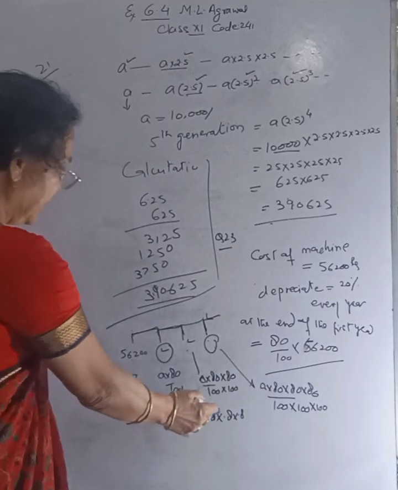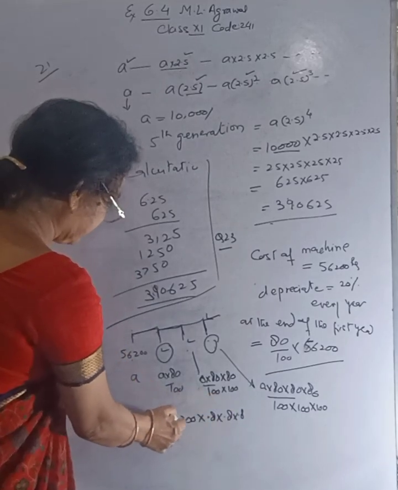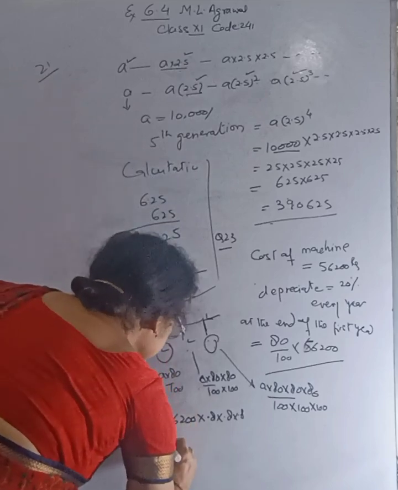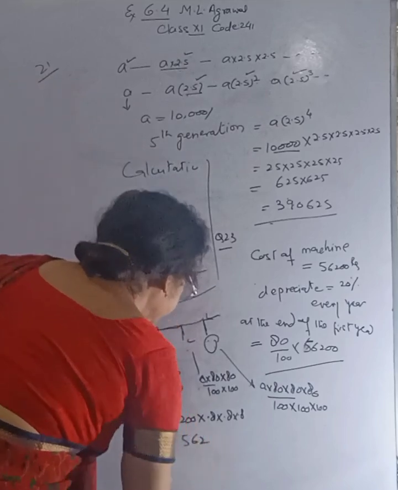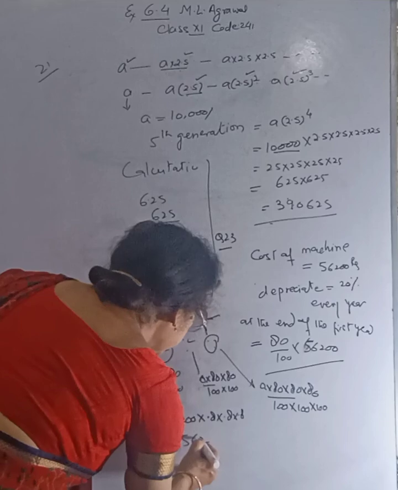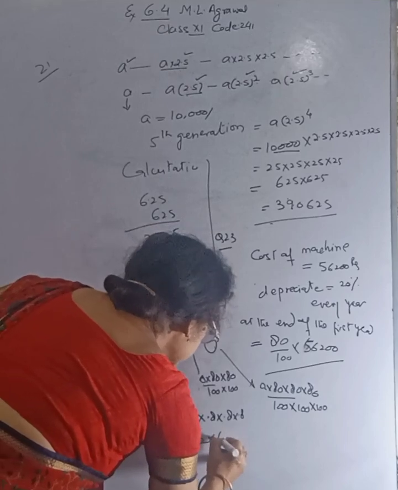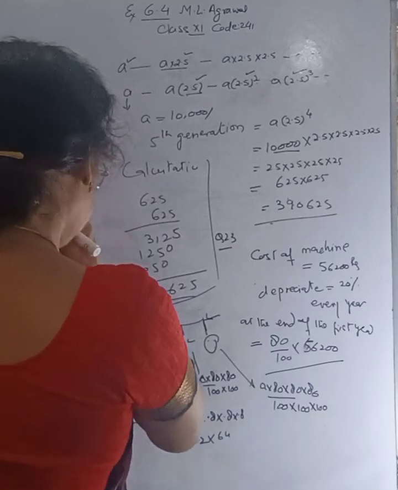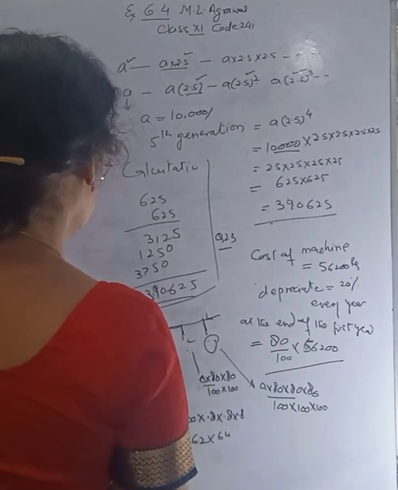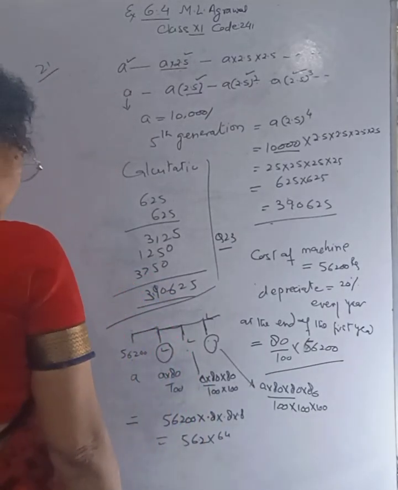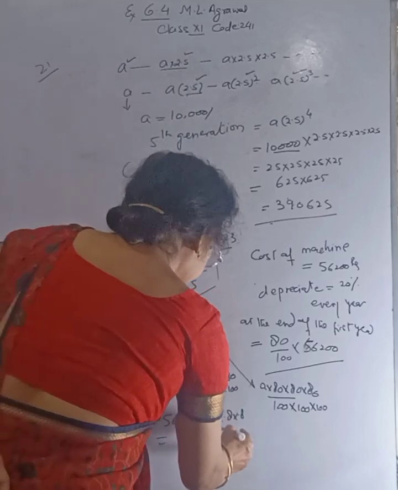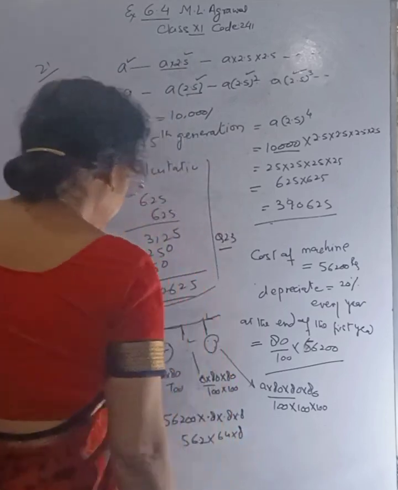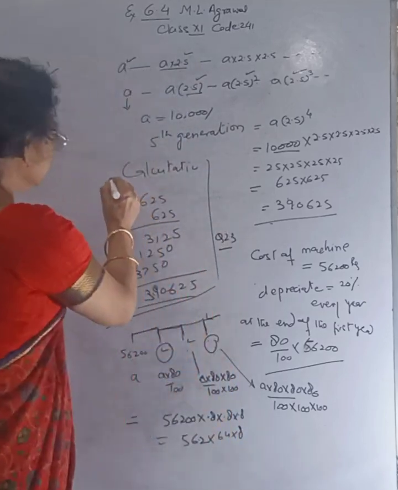Okay, these 3 points get cancelled and we have to simply multiply 562 into 64 into 8. Now the calculation is being done here.